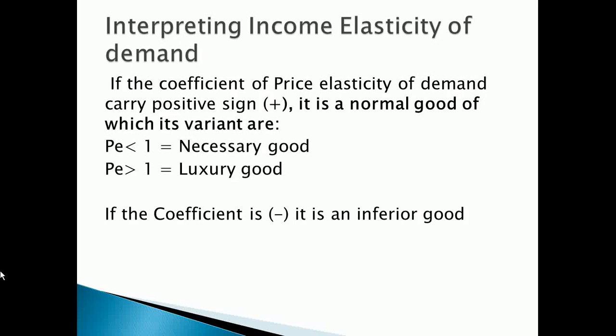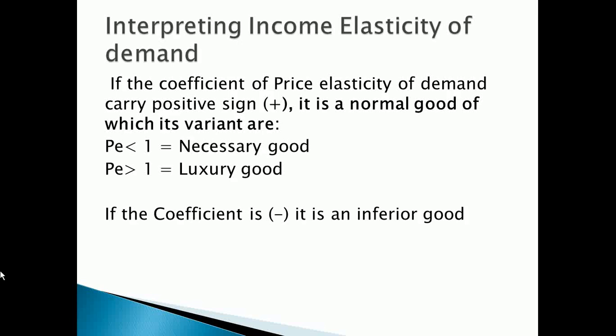Using the percentage formula, we have the percentage change in quantity demanded of good X over the percentage change in the price of good Y. By implication, we have the change in quantity demanded of X over the original quantity of X, everything over the change in the price of Y over the original price of Y. It is still the same formula for the percentage method that we used in price elasticity of demand.